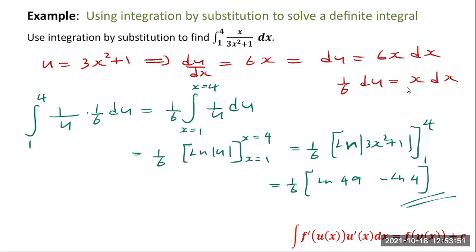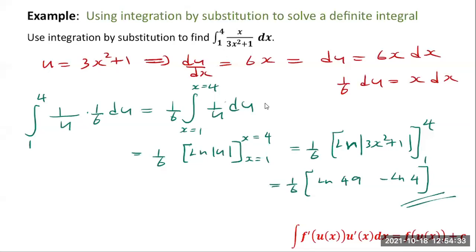Let's do the same problem this time using u limits. I'm going to copy some of the work to the other page. By the way, I'm going to have x is equal to 1 to x is equal to 4 here, because that's an integral in terms of u. I'll make sure that my integration limits are for x.